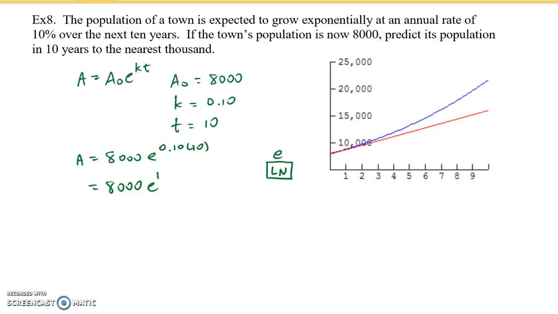But above that key, you'll probably see something like e to the x. So to access that second function, you press your second or inverse key, then press ln. So to raise e to the first power, you would enter second ln and then the exponent of 1.